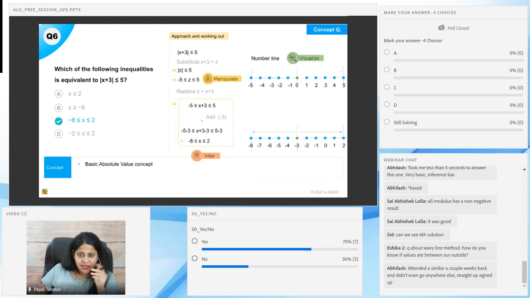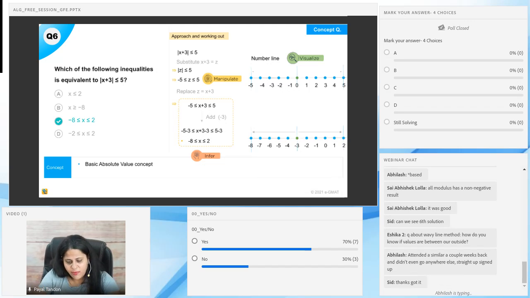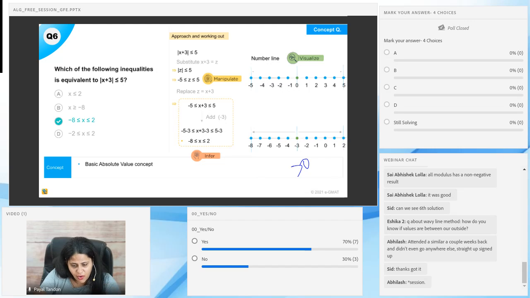Ishika, that is where you have to understand the logic behind the wavy line method. Essentially, above or below depends on whether the inequality is greater than zero or less than zero. If the inequality sign is greater than zero, then you are above the x-axis. If it's less than zero, then you're below the x-axis.